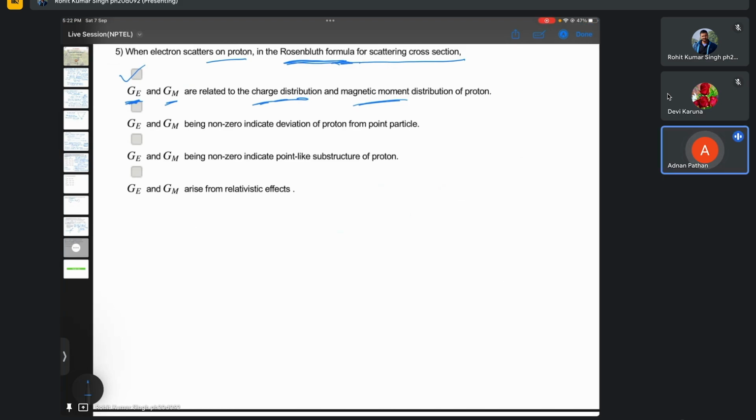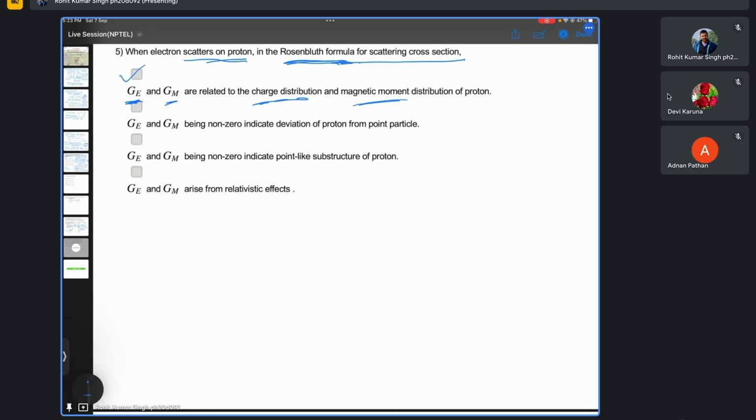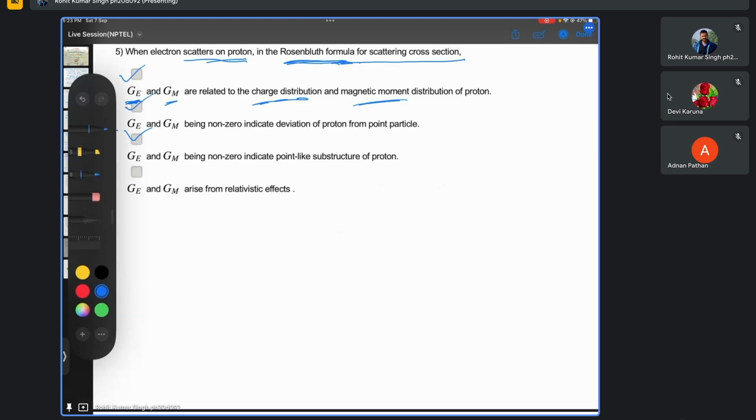So then option 2 should also be correct. Option 2: G_E and G_M being non-zero indicate the deviation of proton from a point particle. No, this is not for proton, right? This is for nucleus, right? Oh yes, okay. When an electron scatters on a proton, then the second option should also be true. But the third option, what does it say?